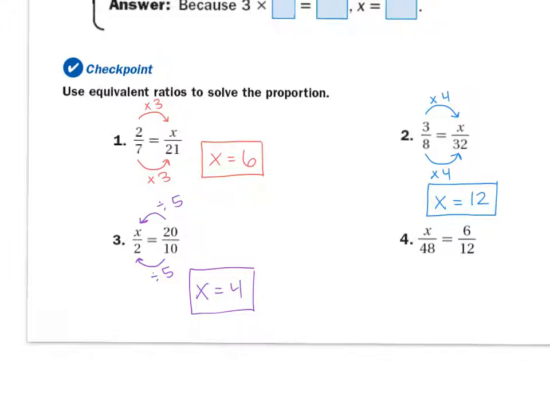Another option would be you could say that 2 times 5 is 10, and therefore ask the question what times 5 would be 20 and figure out that it's 4 that way. So you can do it either way. Why don't you take just a minute and try to solve number 4?